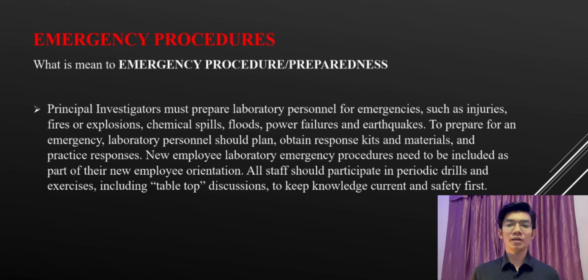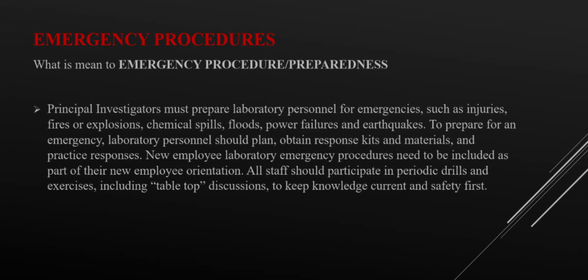New employee laboratory emergency procedures need to be included as a practice and part of their new employee orientation. All staff should participate in periodic drills and exercises, including tabletop discussions, to keep knowledge current and safety first.